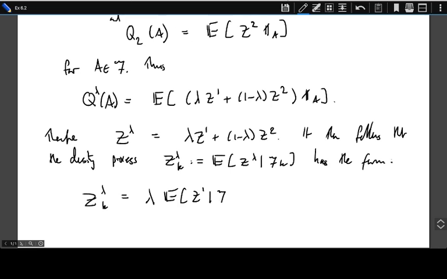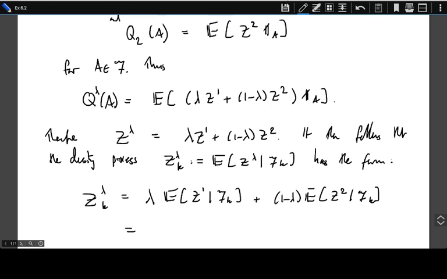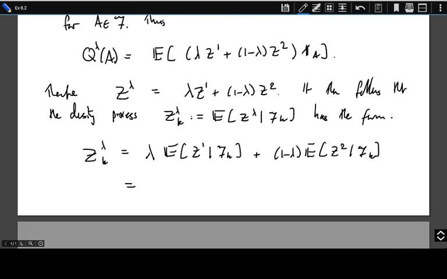This is using linearity of the conditional expectation. And these conditional expectations we could write as the density processes of those individual densities, Z1 and Z2, for Q1 and Q2.